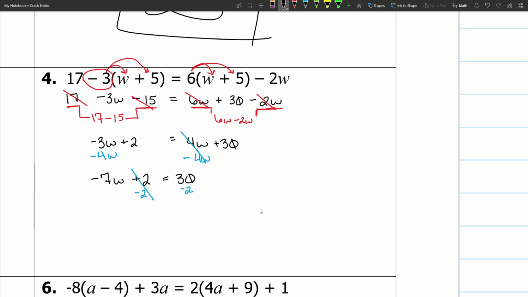We have 30 minus 2, which is 28. And when we divide that 7 away, we end up with w equals 4. And is it going to be positive or negative? I have a positive 28 and a negative 7, so my answer will be negative 4.